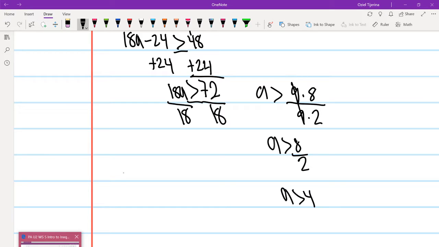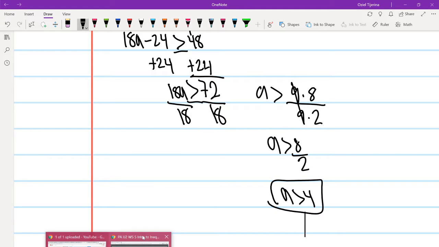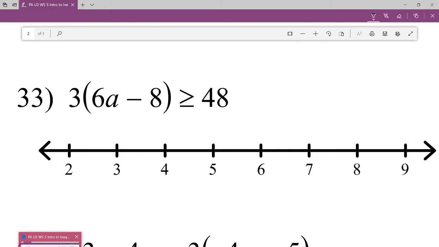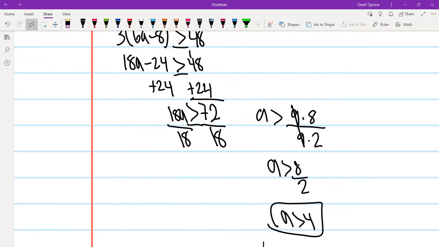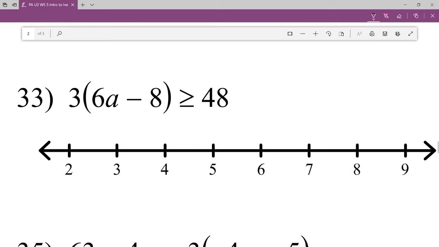So that's your answer. Give me a second, greater than or equal to 4, my bad. So it'd be a is greater than or equal to 4.